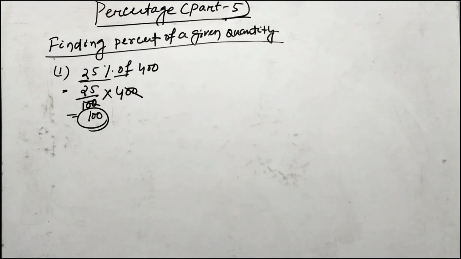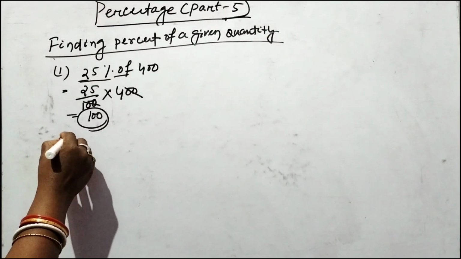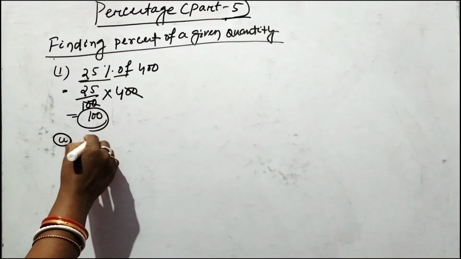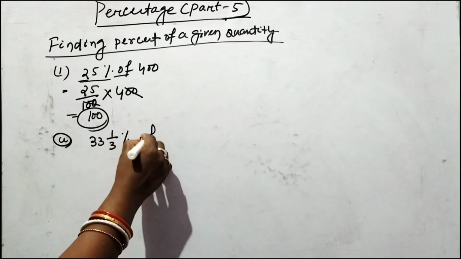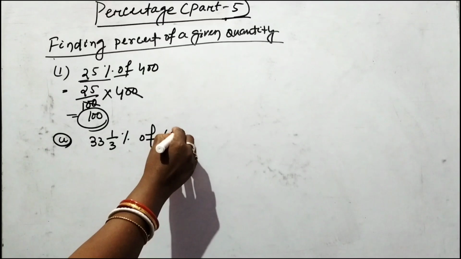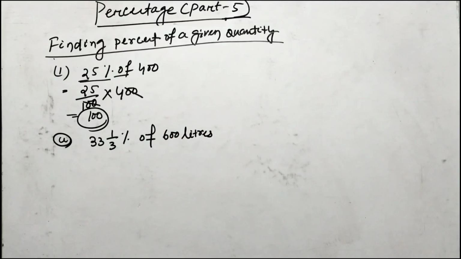That is 100. If the question is seeking 33 whole 1 by 3% of 600 liters, then that means 33 whole 1 by 3% of 600.